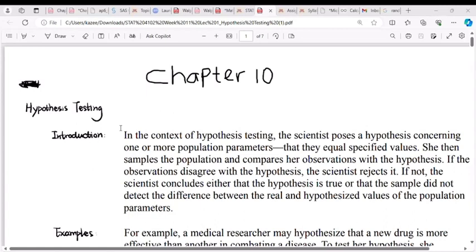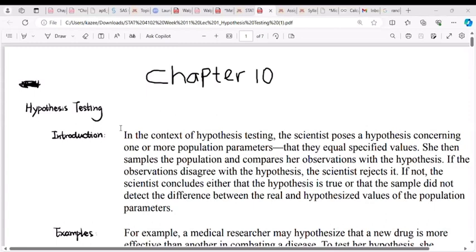But what if we actually want to go further by trying to test how statistically significant that effect size is? If we really want to do that, then today's topic is going to be relevant.